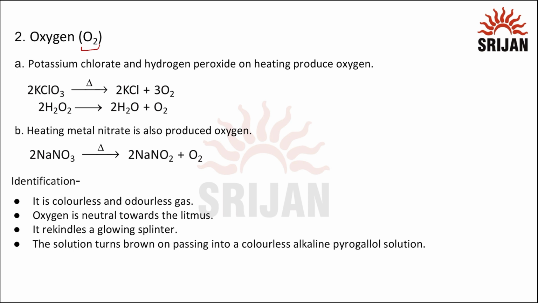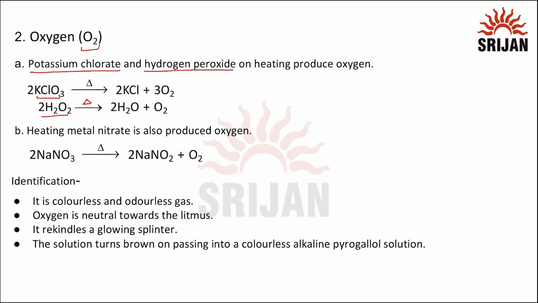Oxygen can be produced on heating potassium chlorate and hydrogen peroxide. So with the help of the given reaction, you can see that potassium chlorate and hydrogen peroxide on heating give oxygen.